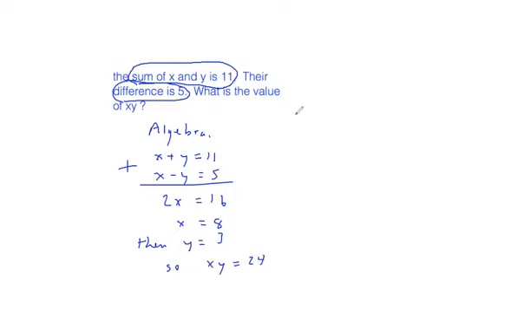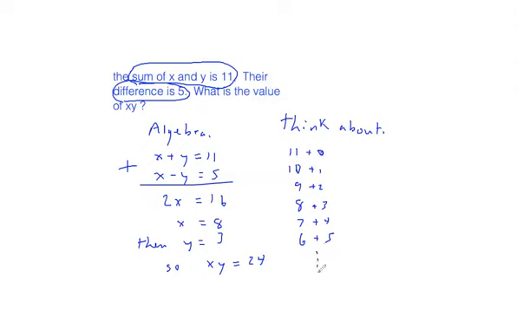Now you could have also done this just by a think-about method. And you could have gone, okay, I'm going to go 11s. So I'll go 11 plus 0, 10 plus 1, 9 plus 2, 8 plus 3, 7 plus 4, 6 plus 5, and then so forth.